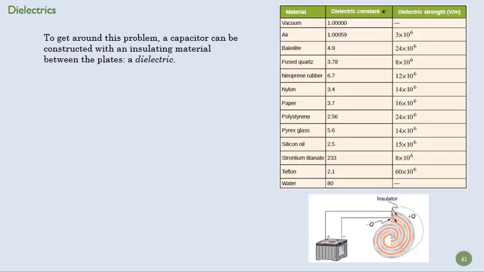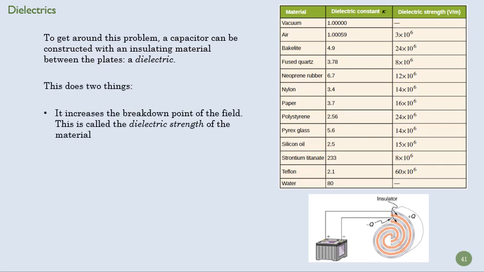So one way to get around that problem is to use what's called a dielectric. This is an insulating material that's in between your two plates. And this does two things. First of all, it increases the breakdown point of the field. So we just said, there's a point at which air is going to ionize and your capacitor is going to accidentally discharge.